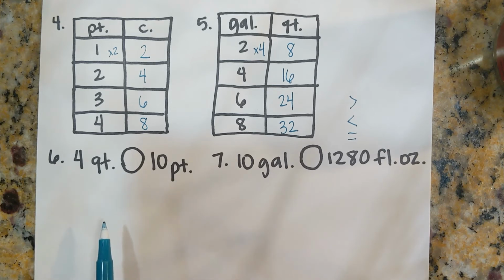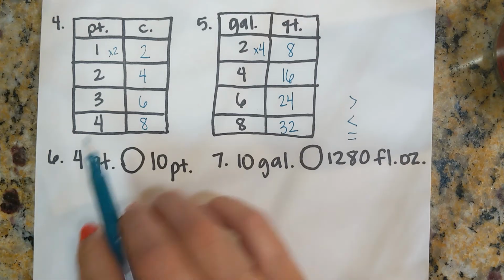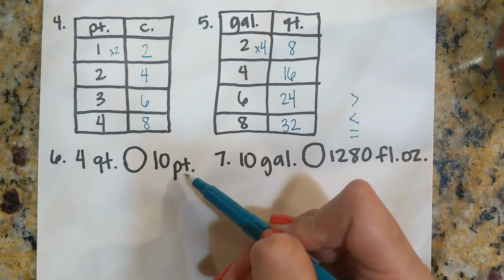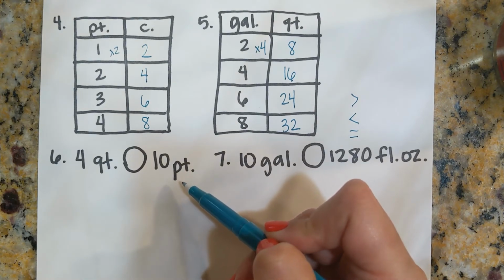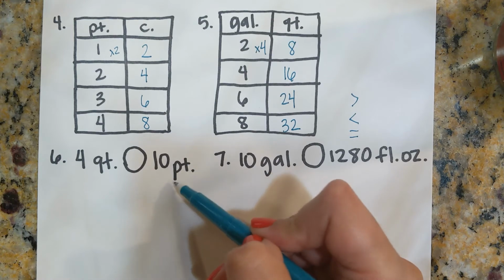Well, first up, I'm going to need to make sure that these are the same units, right? You can't compare the number of kittens you have to the number of oranges you have. That's just not fair. So let's change them both to pints. I would change it to the smaller one usually.